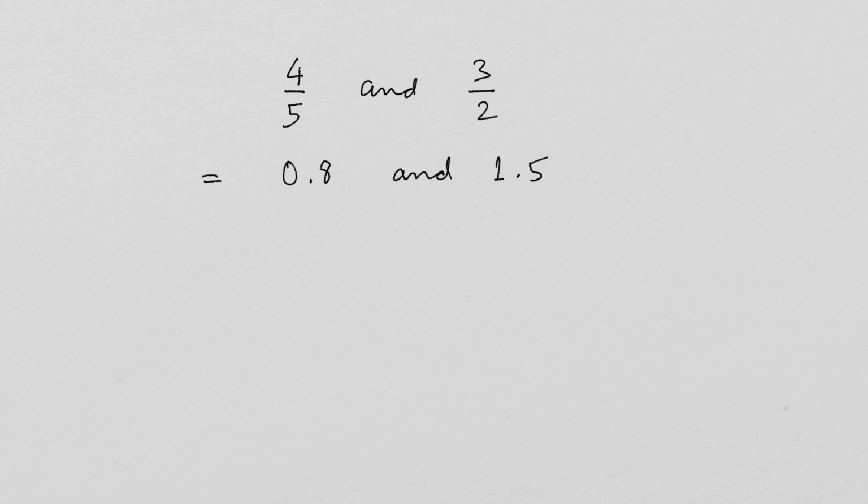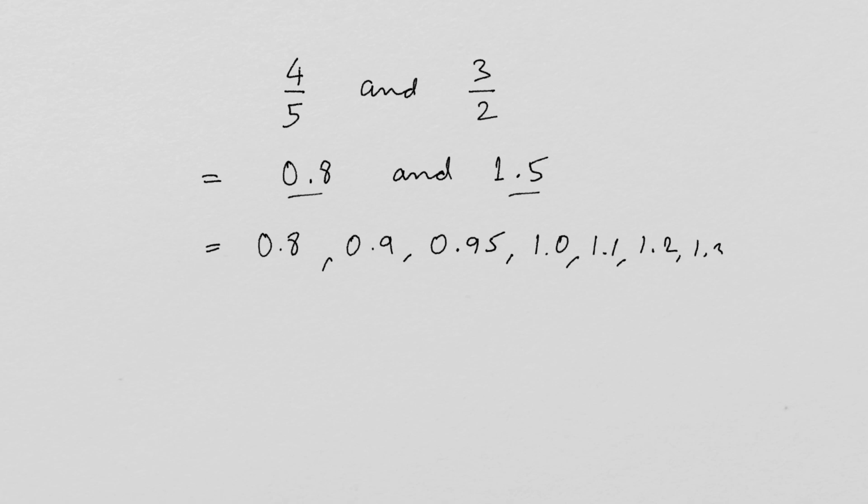Now, we have two rational numbers and we have to find rational numbers in between these two numbers. So simply, after 0.8, we have 0.9, 0.95, or 1.0, 1.1, 1.2, 1.3, 1.4, and finally the given number is 1.5.